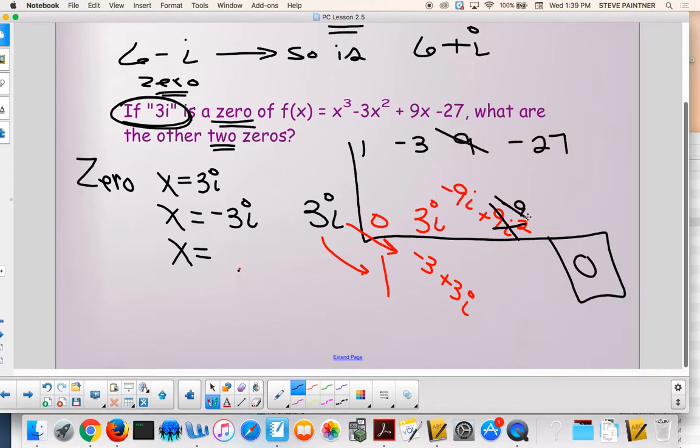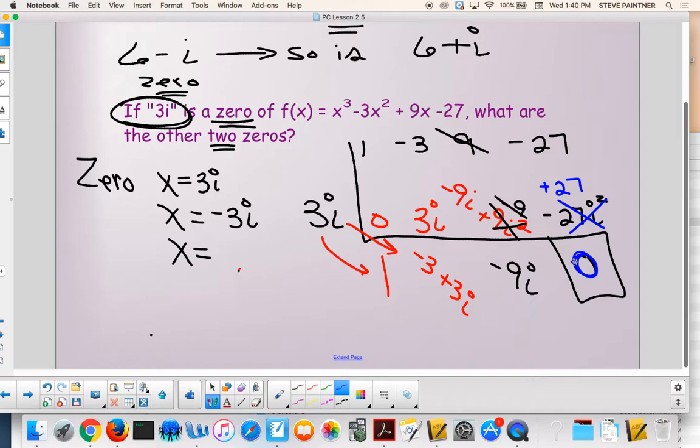Negative 9i. Okay, there you go. What's 3i times negative 9i? Negative 27i squared. And then you just change that to positive 27, which makes 0.